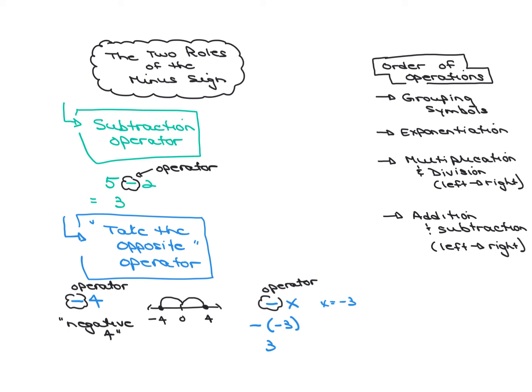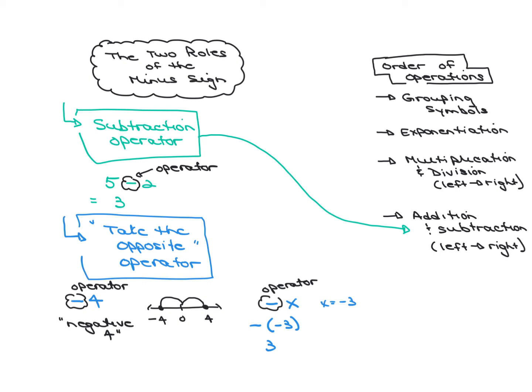So we have these two uses for the minus sign. One is the subtraction operator. The other one is the take the opposite operator. And to make life confusing, these two meanings of the minus sign are on different levels of the order of operations. So the subtraction operator, of course, is down here where we know and love it in the order of operations at the bottom, where we do addition and subtraction as the last thing.